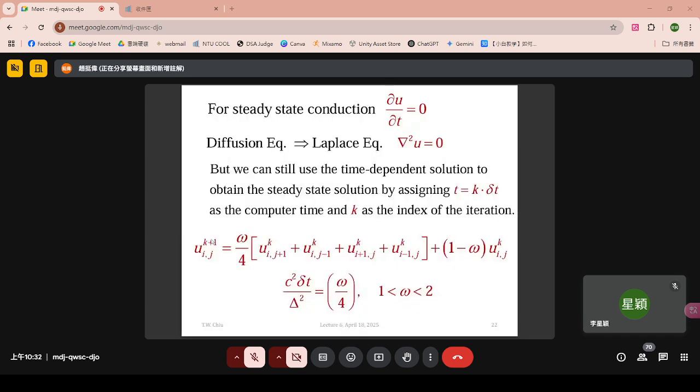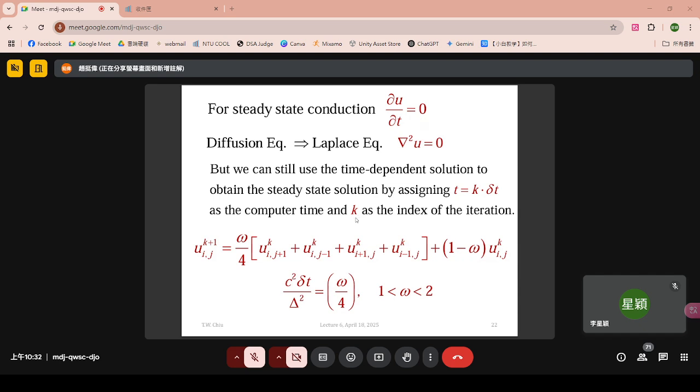So we can still use the time-dependent solution. That is exactly the same as we have used before for the Jacobi iteration for solving the Laplace equation. Aside from this t, which is just the computer time, k is the index of the iteration, how many iterations.